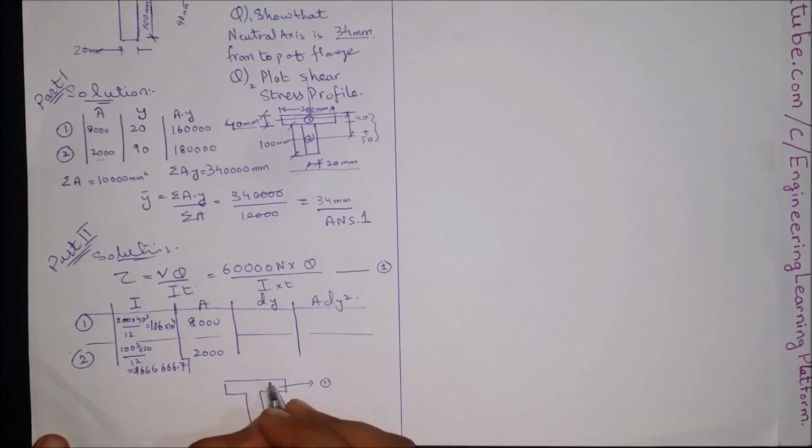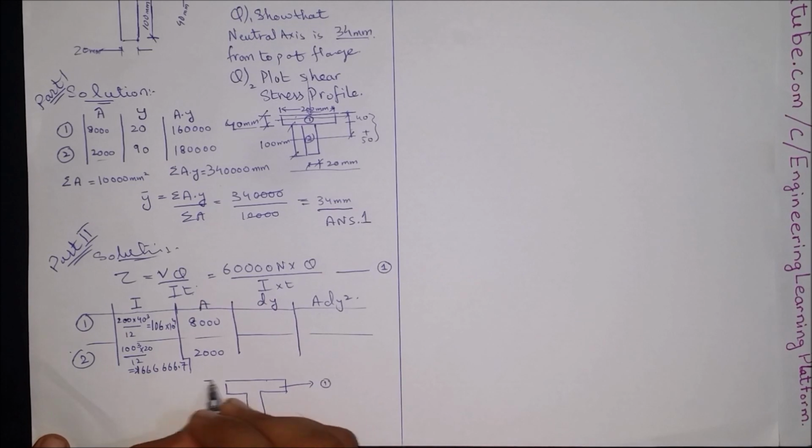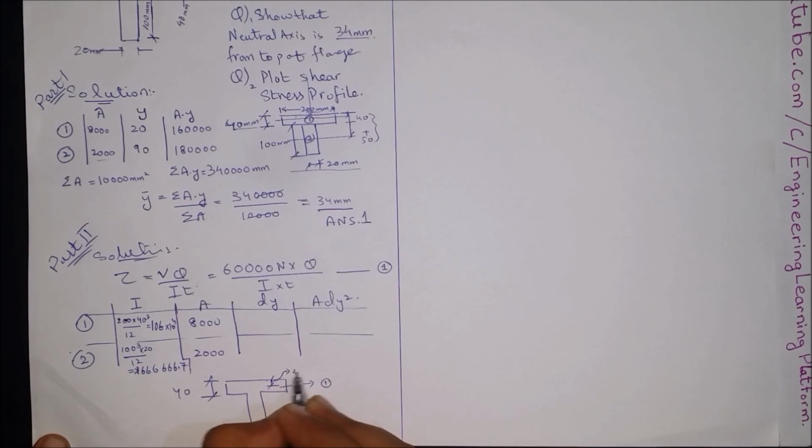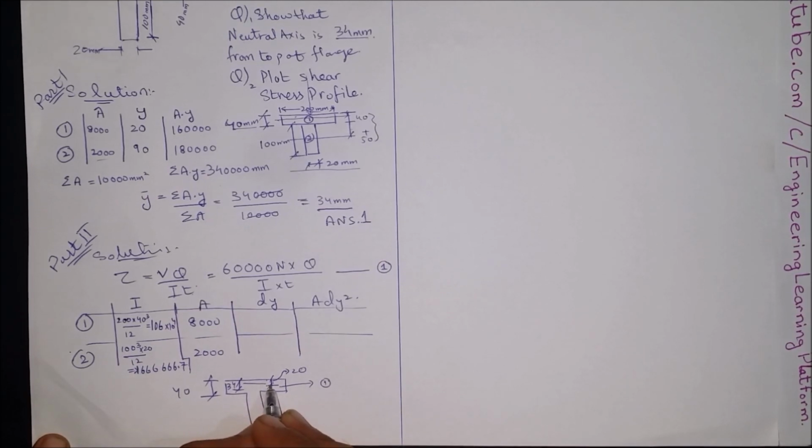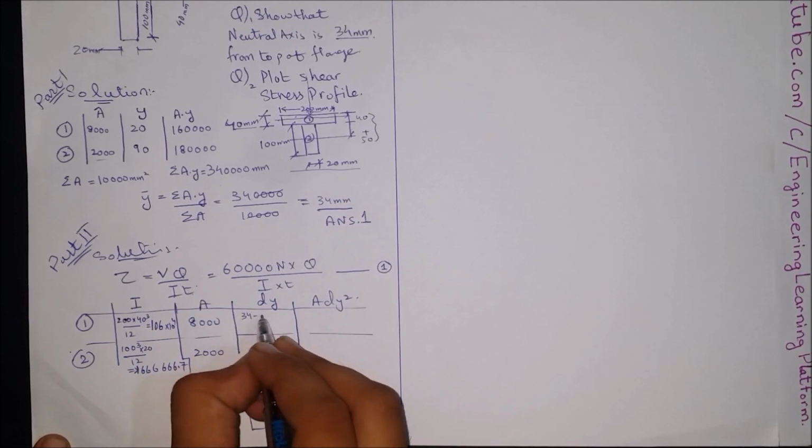So the centroid of shape number 1 should be located at half of this 40 millimeters, that is 20 millimeters, and the whole body centroid is located at 34 millimeters. So the distance between 20 millimeters and 34 millimeters is 34 minus 20, that is 14 millimeters.